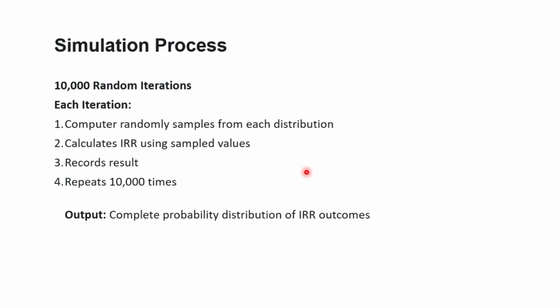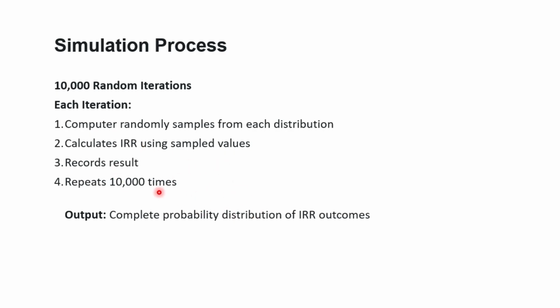So we have 10,000 random iterations which are done by a computer, and this harnessing of computer power to explore outcomes is done systematically. Each iteration follows the same process. The computer randomly samples from each probability distribution, calculates IRR using the sample values, records the result and repeats.